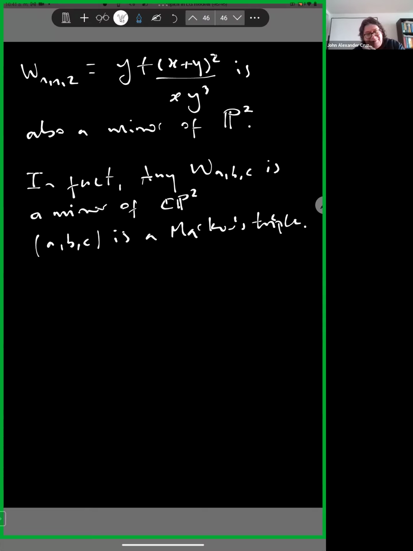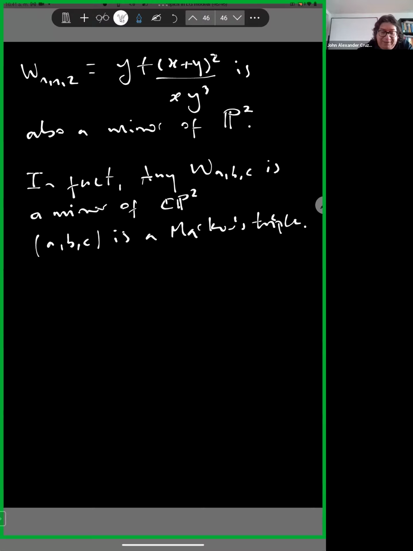So this suggests that there should probably be some kind of relationship between some toric degeneration of P2, the Markov triples, and the Landau-Ginzburg models which are mirror to P2. I will come back to this point later. But okay, that's good.